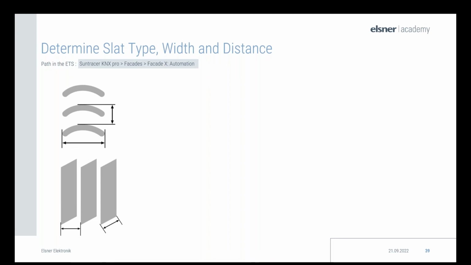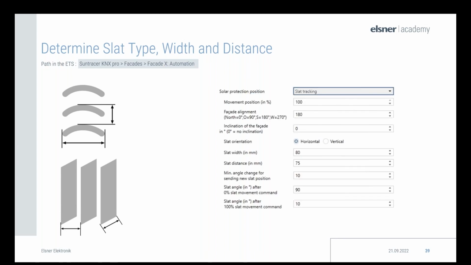In order for the shades to be controlled correctly, the distance and the depth of the slats must be known and need to be entered into the parameters in the ETS correctly. This can be measured with a normal measuring tool where you can see the centimeters. So simply have a look at your slats, measure them, and enter them accordingly into the ETS.